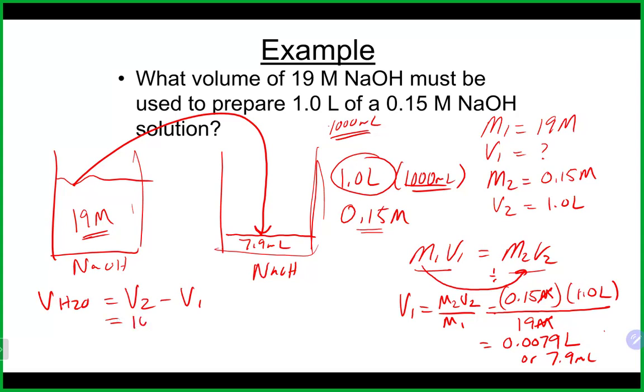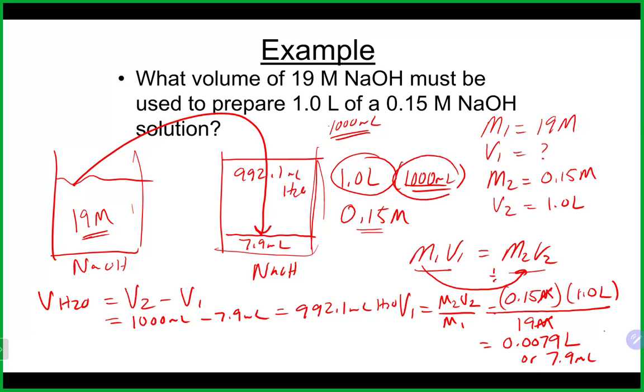So if we did that, that would be 1,000 milliliters minus my 7.9 milliliters. And that would tell me that in terms of the water, I would need to put in there about 992.1 milliliters of water. So if I put in there 992.1 milliliters of water, I will now have a total volume of only 1,000, which is what I'm shooting for.